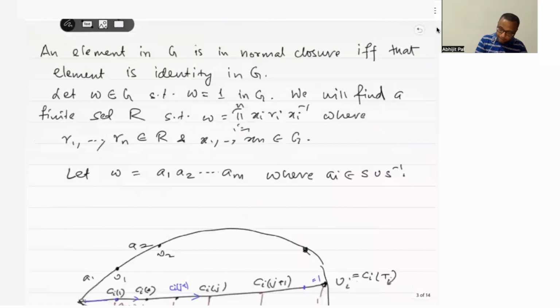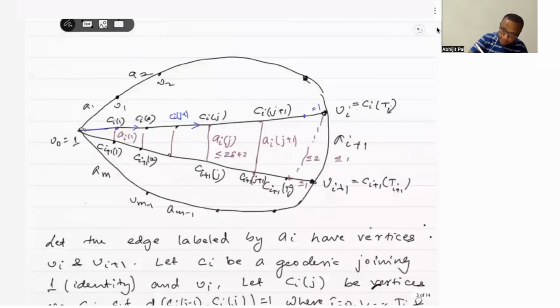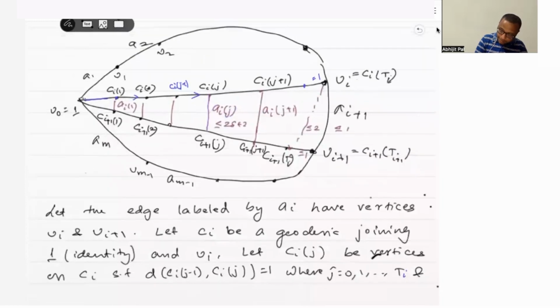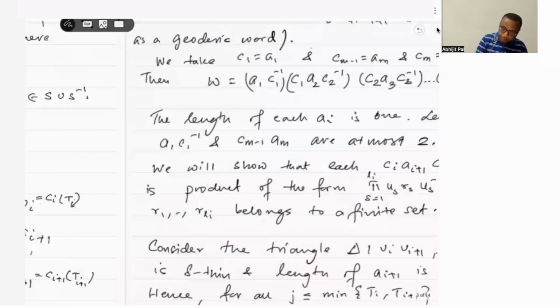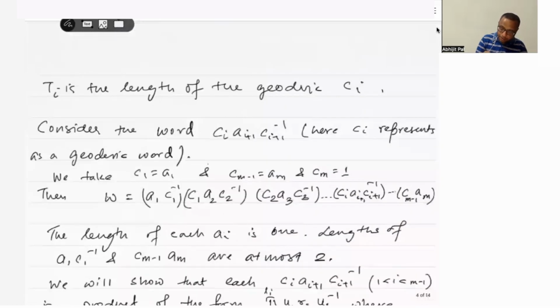These are my Cij and Ci plus 1 j. Join these by a geodesic, which is labeled by Aij. Okay, so now consider the word Ci Ai plus 1, Ci plus 1 inverse.